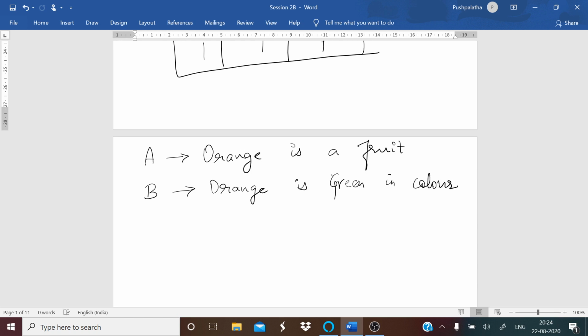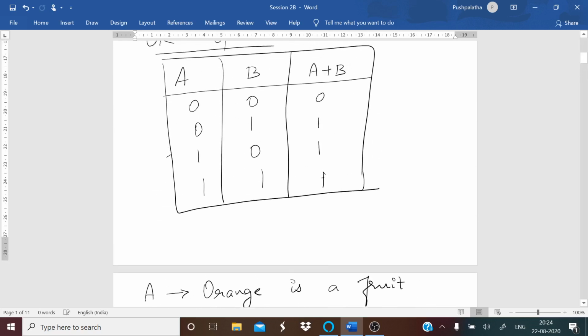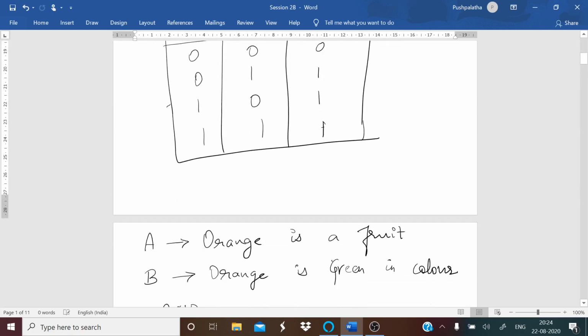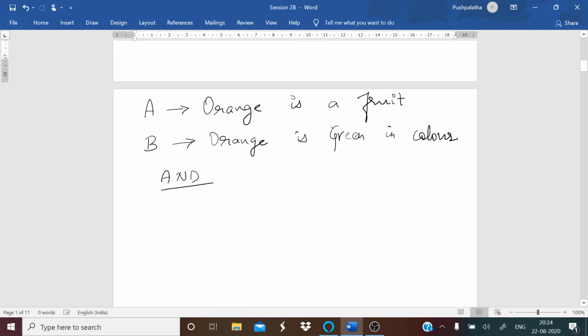True statement. Now let us have a glance at the AND operation first. In the AND operation, only if both the inputs are high, the output will be high. That is, if both the inputs are true, A and B, and you join the two statements using AND: orange is a fruit and it is green in color. Is it true? Yes. So A is true and B is also true. So the result is true.